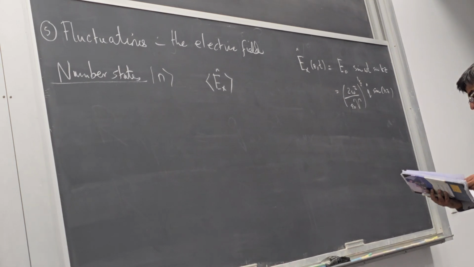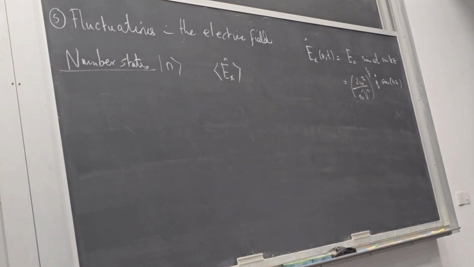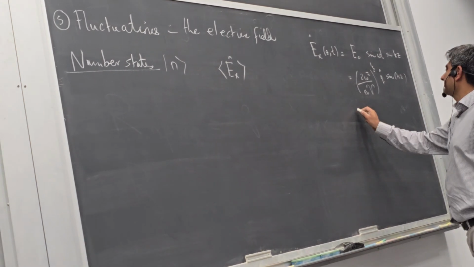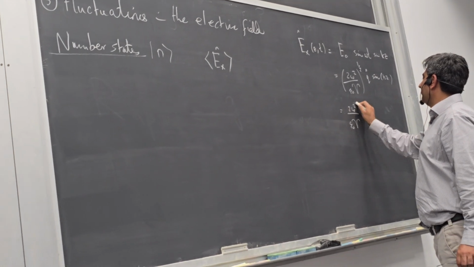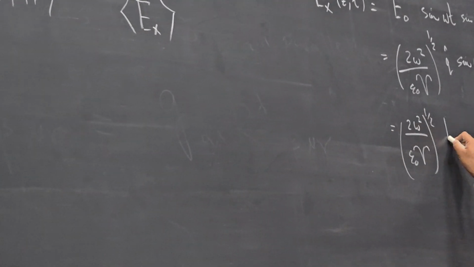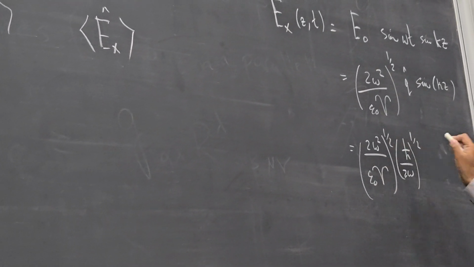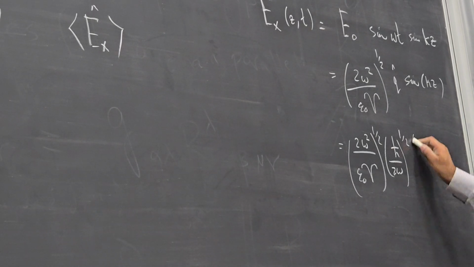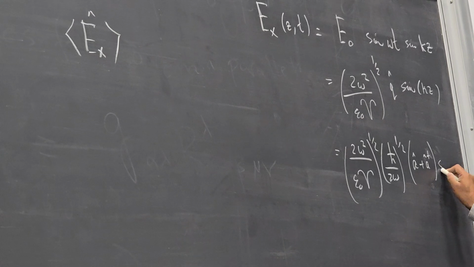And we also know that this q is a sum of a and a dagger with a coefficient square root of h bar over 2 omega. So we do also know that this is the square root of 2 omega squared over epsilon naught V, times the square root of h bar over 2 omega, times a plus a dagger, sin kz.